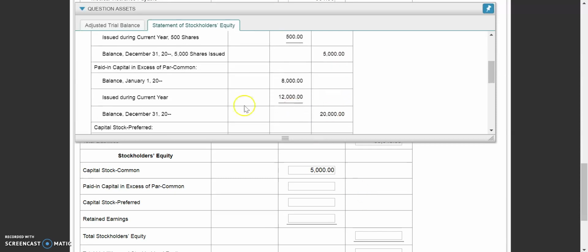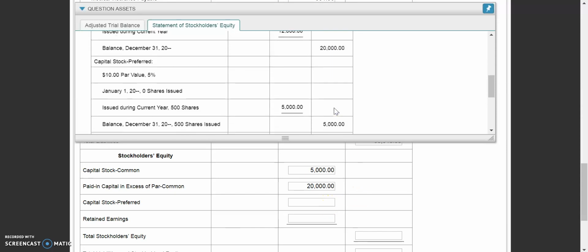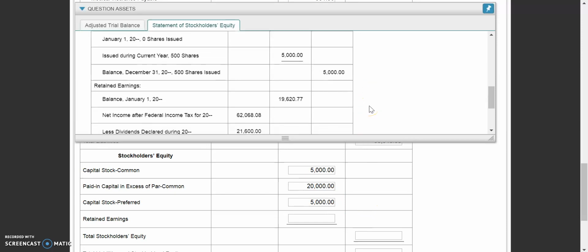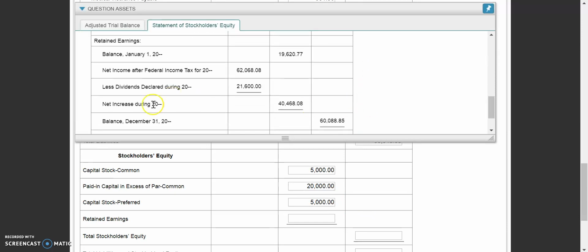Again, you can scroll down. Here's our balance on the last day of the year, which is 20,000. To find our capital stock, we go down here. Here's our balance at the end, 5,000. So plug that in. And lastly is our up-to-date balance in retained earnings on the last day of the fiscal period, which is $60,088.85.